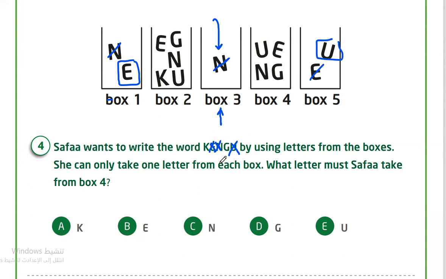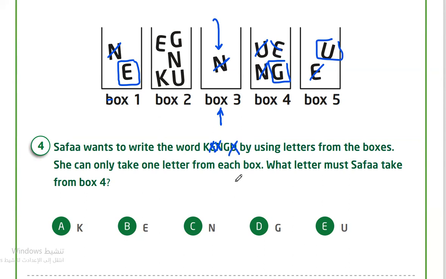And now we have box 4 and box 2. I think first we're going to start with box 4 since it has fewer letters than box 2. Yes, because N is taken, U is taken, E is taken. So we're going to take G. The remainder in box 4 will be G, right?